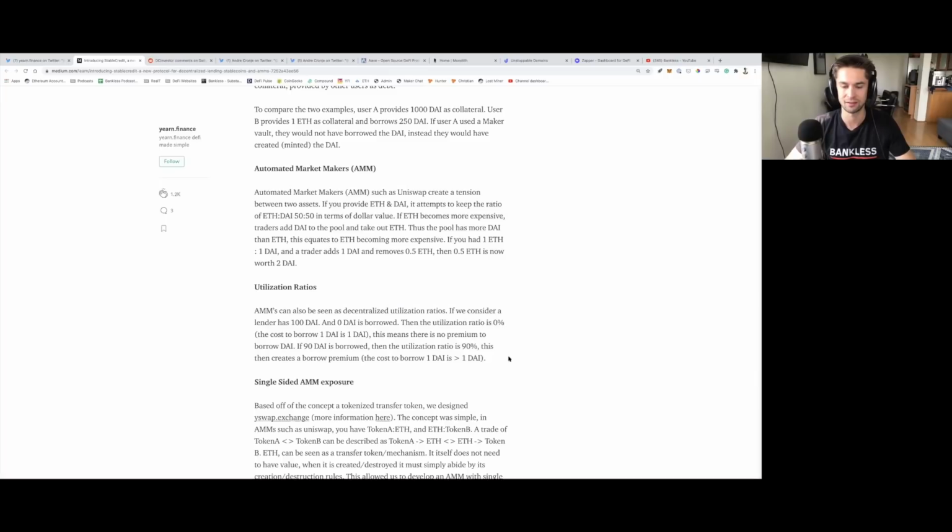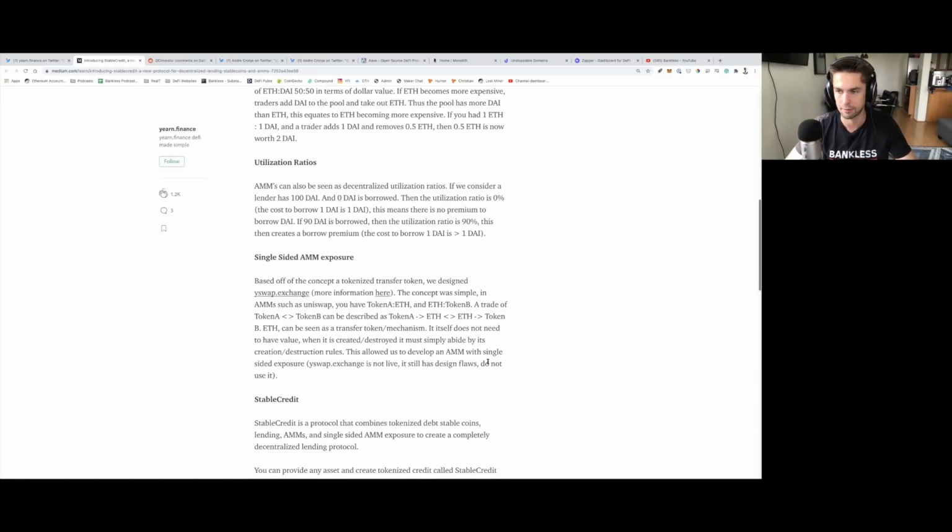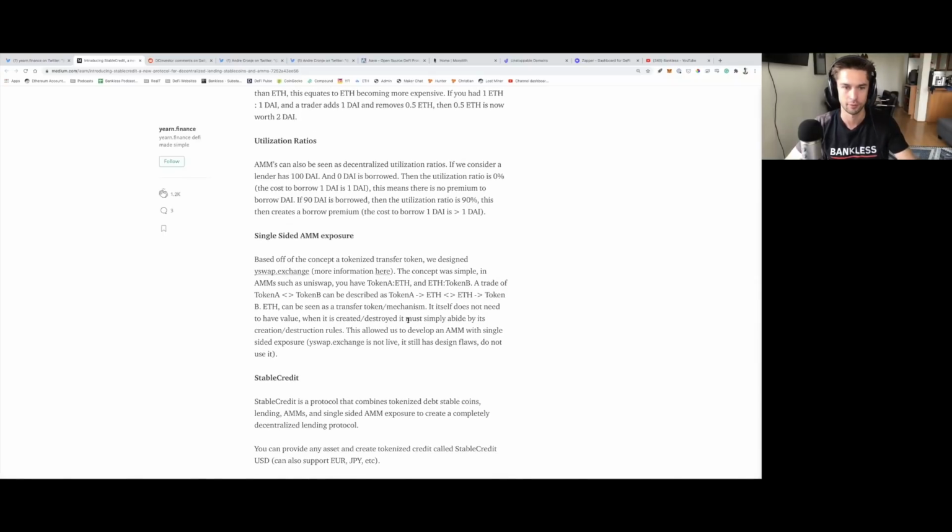But he's just, instead of calling it a ratio and therefore a price of the 2 assets, he's considering this rather to be a utilization ratio by a protocol, right? It's how much of an asset has a protocol utilized, and it's using the AMM curve to determine this. I'm still wrapping my head around this. So if that was confusing to you, it's still confusing to me.